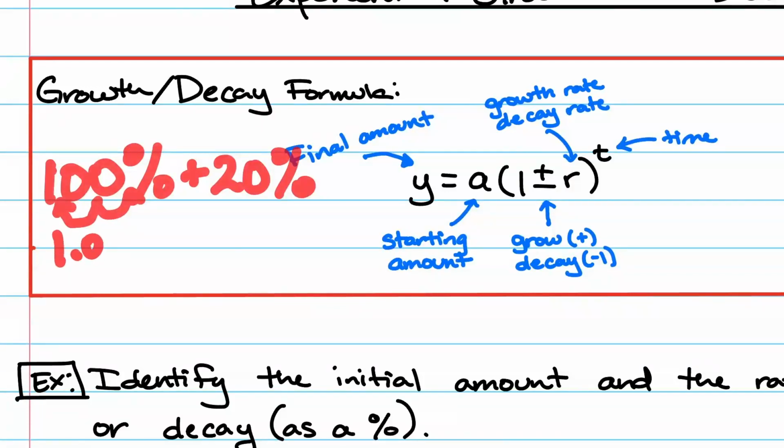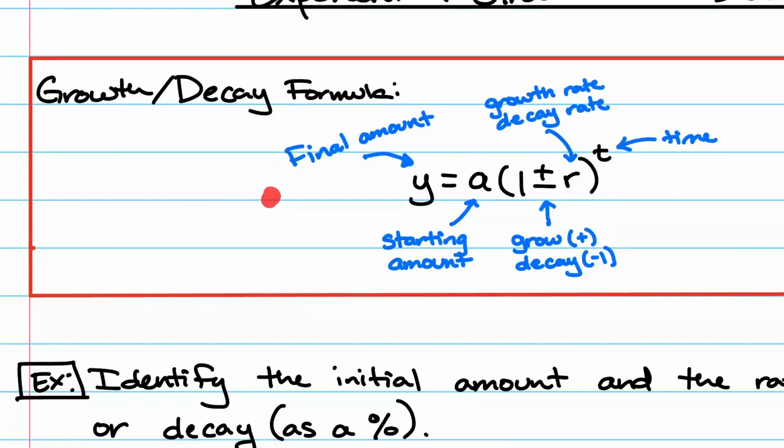I get 1.00, which is that 1. And for the 20%, if we move that twice, it would be 0.20. So right here, you would put 0.20. But basically, the 1 means you're starting off with 100%, which is 1. And from there, you're going to either go higher by adding your growth rate, or you're going to go lower by subtracting your decay rate.